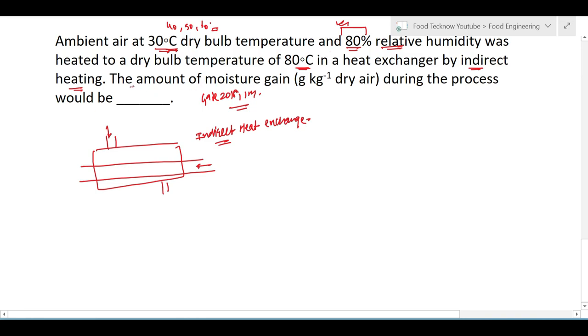So the answer would be 0. आंसर यहाँ पर 0 आएगा because the amount of moisture gained during the process would be 0 because there is indirect contact. इट मीन्स जो फ्लूइड इसमें फ्लो हो रहा है वो किसी और चीज़ के कांटेक्ट में नहीं आ रहा है, तो इसका जो शुरुआती मॉइस्चर रहेगा वही मॉइस्चर आखिर तक बना रहेगा, राइट? So you could understand this thing well.